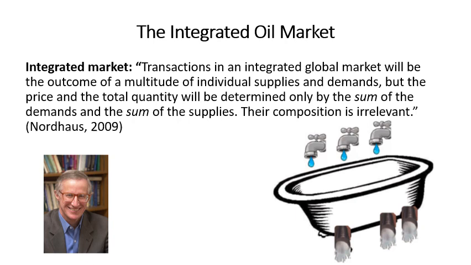We can think of the faucets of the bathtub being regions of supply, like the US supplies oil, the Middle East supplies oil, Venezuela supplies oil. But the market is basically a gigantic bathtub where we all dump our oil into it, and we have drains at the other end, which are the demands, US demand, China demand, etc. The composition of these is irrelevant.